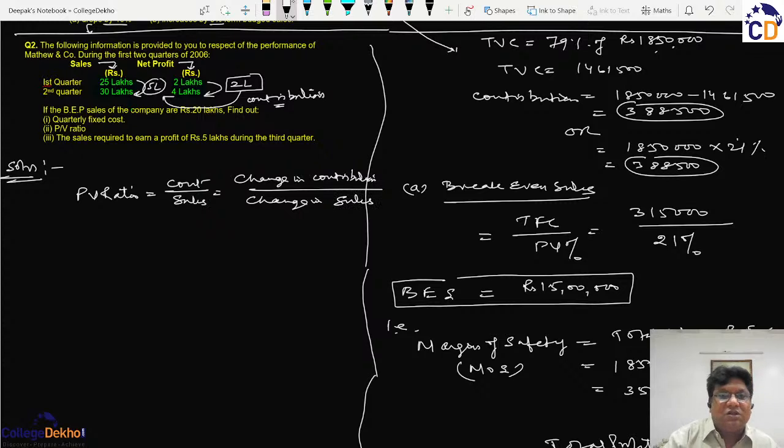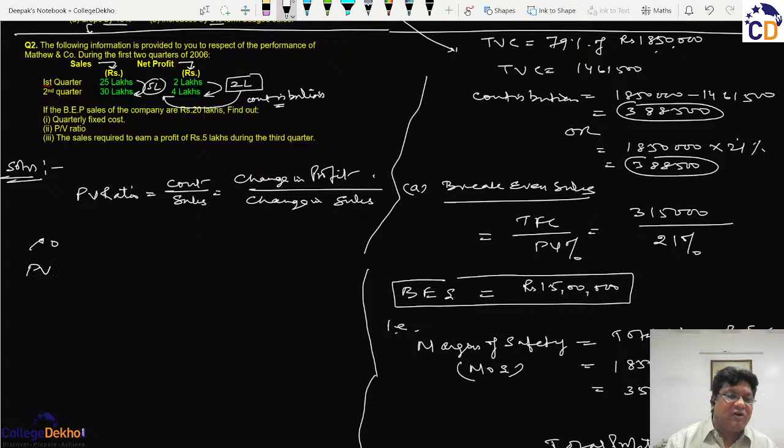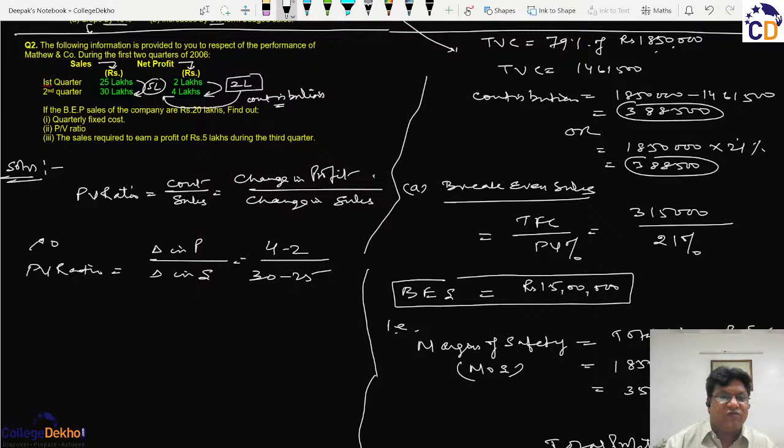And because this contribution has changed because of the profit, instead of writing contribution, I can say change in profit upon change in sales. So we have a new formula where PV ratio can also be calculated by the change in profit divided by the change in sales, and therefore 4 minus 2 lakh divided by 30 minus 25.